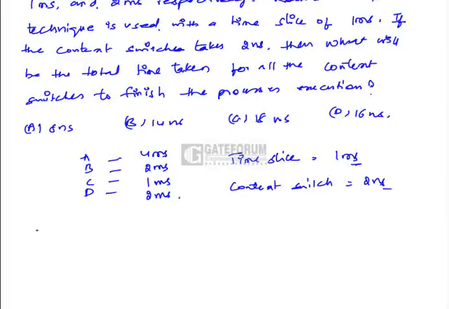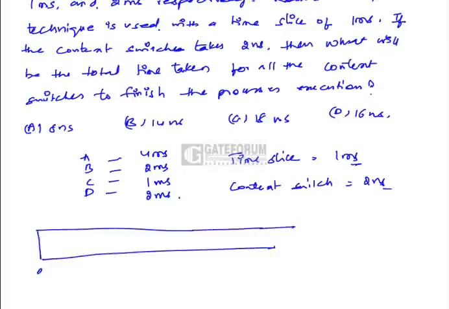And if we write the Gantt chart, here at time 0, all the processes A, B, C, D have arrived in the order A, B, C, D. So let us allocate process A to the processor, that is 0 to 1, as the time slice is 1. After 1 millisecond, here process A will be preempted, and the processor is allocated to the next process.